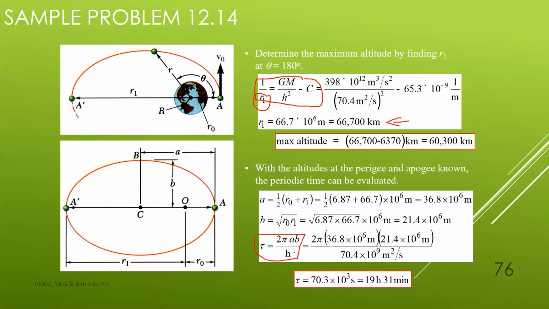We already calculated the h, but now we need to calculate a and b. A is equal to half of r0 plus r1, and b is the square root of r0 times r1. Then just use this particular formula to get the total time.